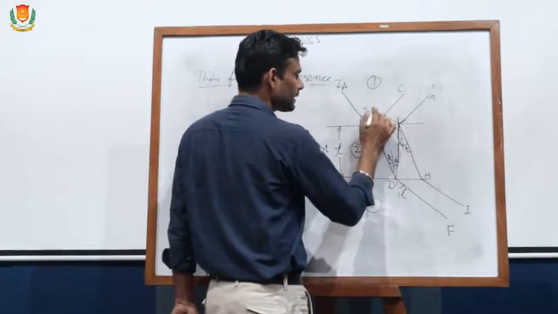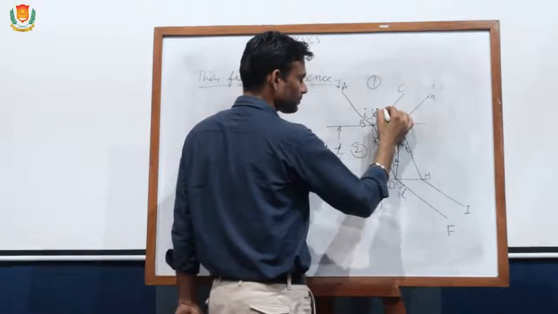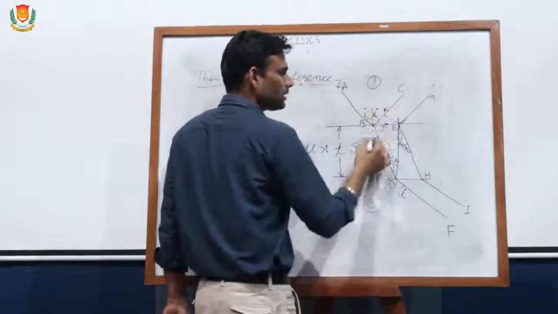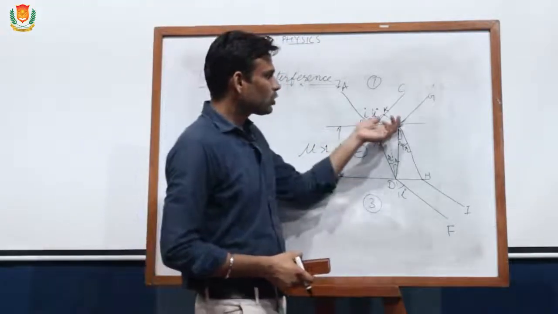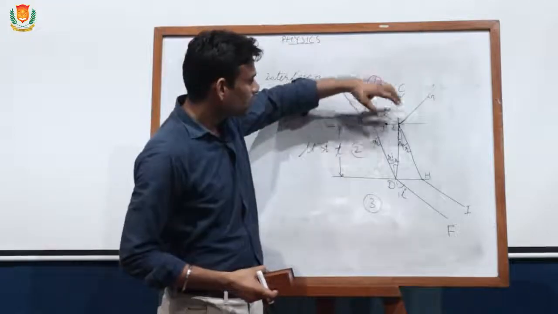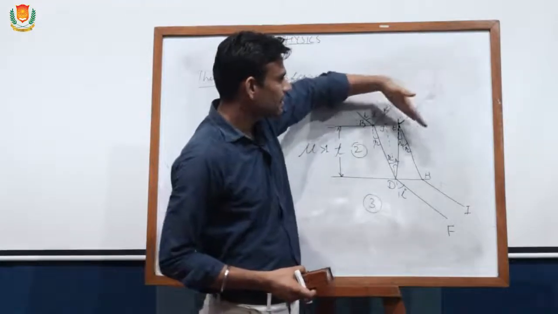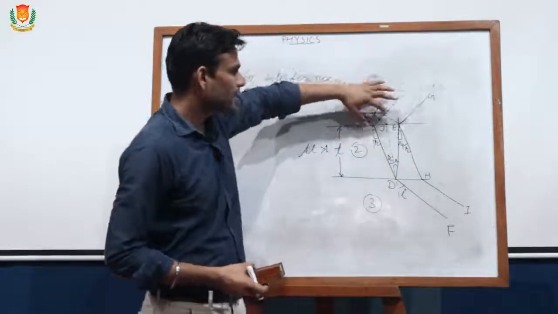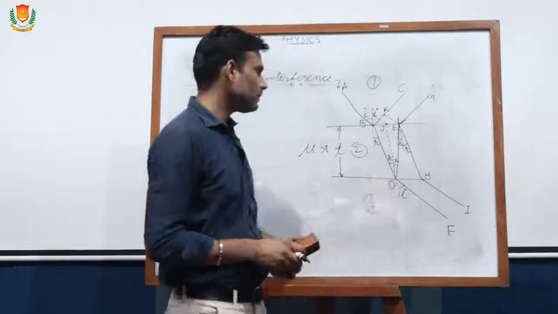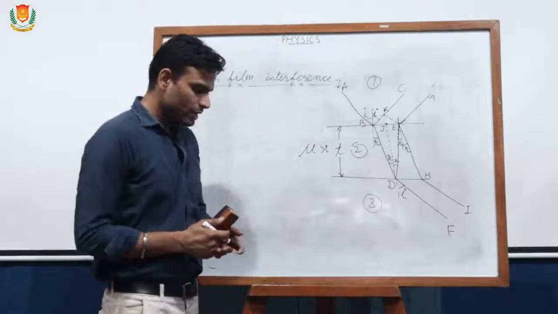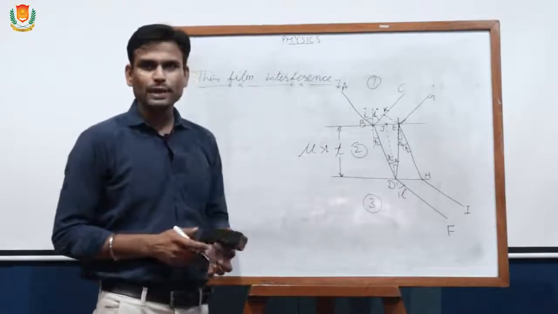This angle was I and this point is K. By drawing this normal, the paths of these two beams KC and EG will be equal, and before that the path BK is the extra path. So to calculate the condition of maxima and minima, we have to calculate the path difference between two beams.